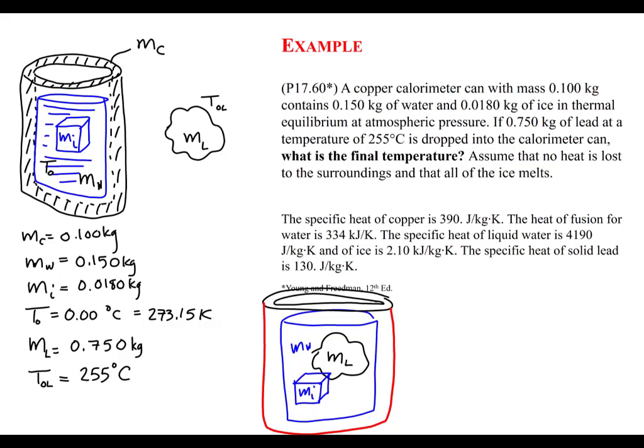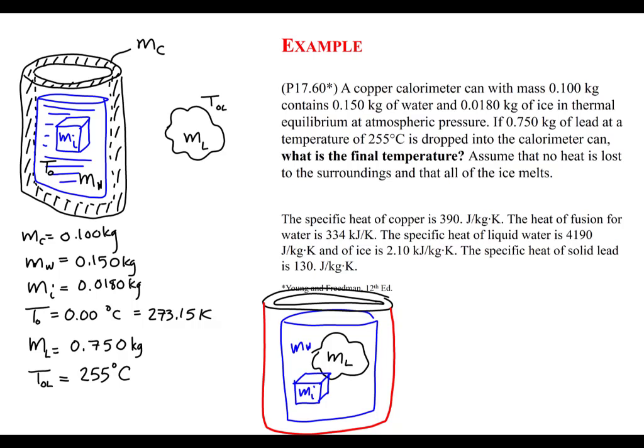And since the specific heat of lead is much less than the specific heat of water and the specific heat of ice, let's assume that the lead's temperature will drop down significantly, so much so that it will not cause a phase change of the water to steam or vapor. So yes, these are some assumptions that we're making. If our assumptions don't pan out, then we would end up with some nonsense results, like numbers that don't make sense. But let's go with those assumptions for now.